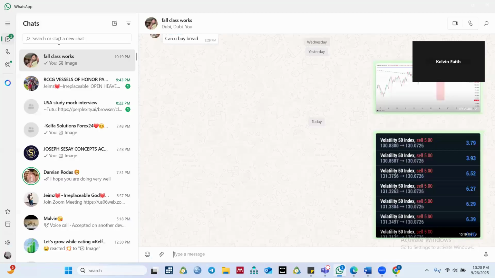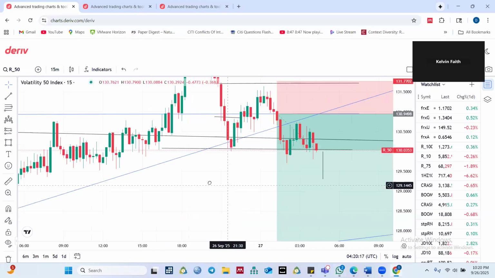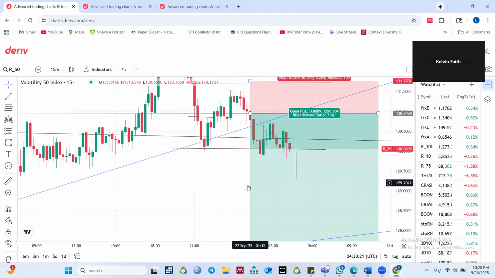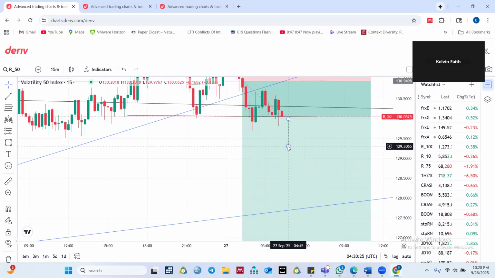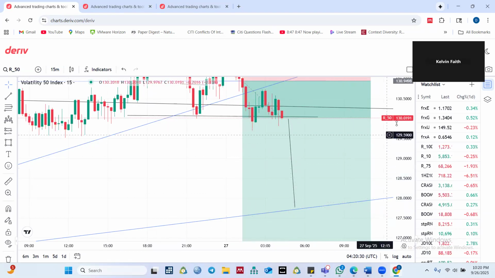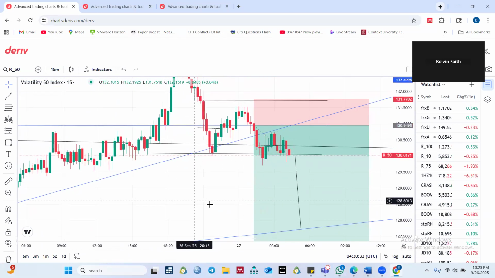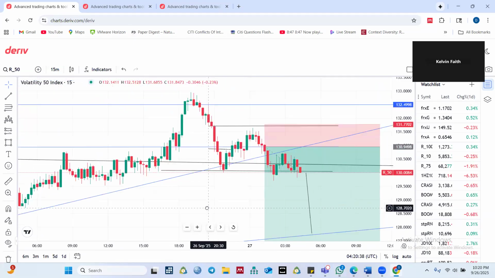So the trade hasn't gone very far yet. It's still at the entry. Let's see how it plays. And if it's able to break down, I will anticipate up to the trend line here, and then I can close some profit.